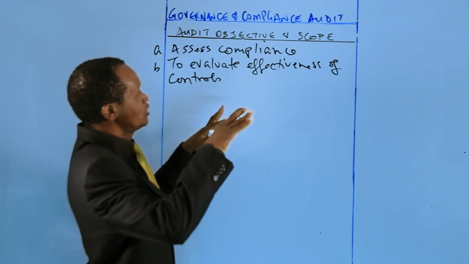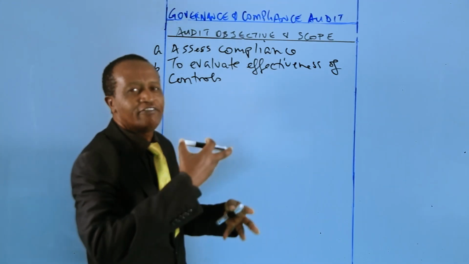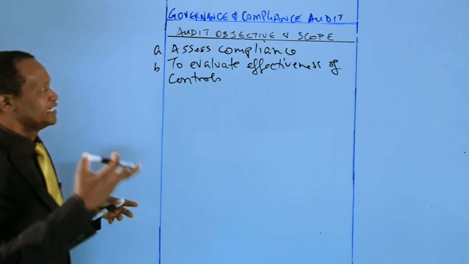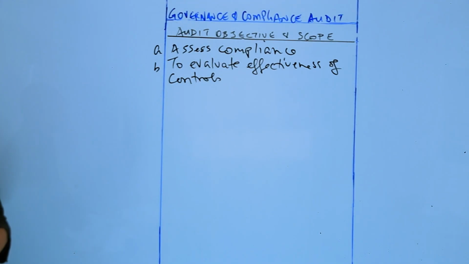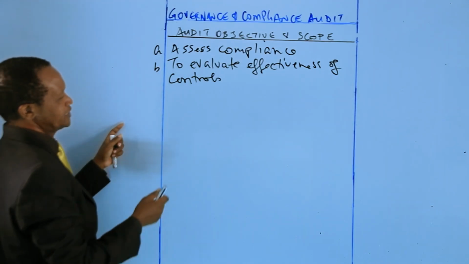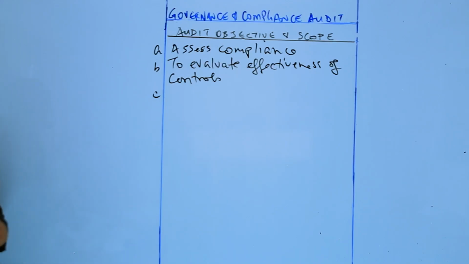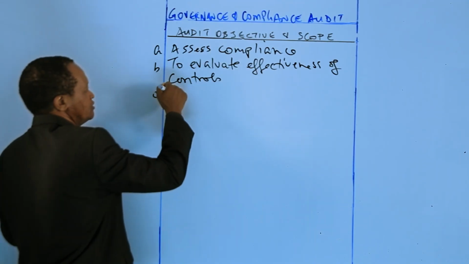The compliance audit may be conducted to evaluate whether such controls are functioning as intended, that is, to assess the effectiveness of internal controls for mitigation of the risk of financial fraud and so on. So that's the second objective.